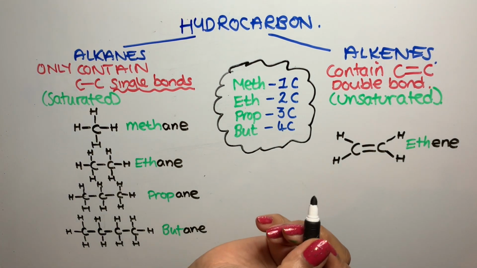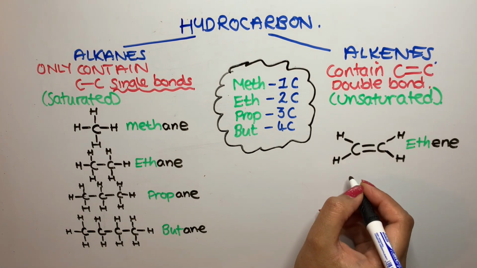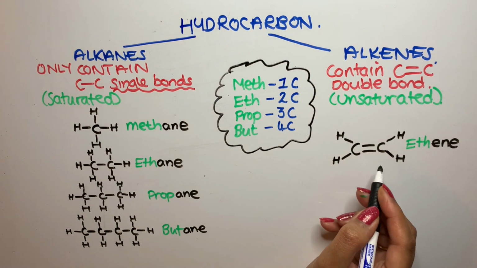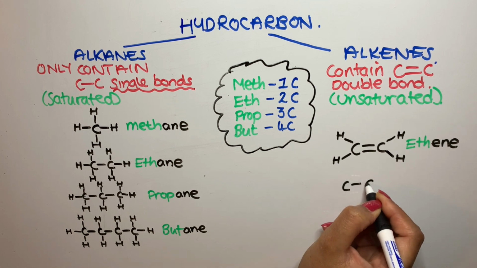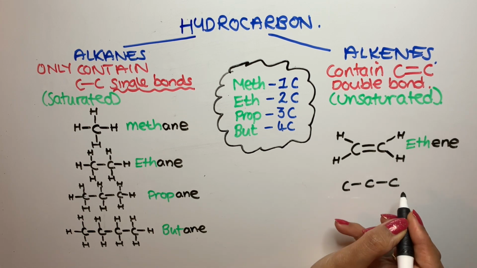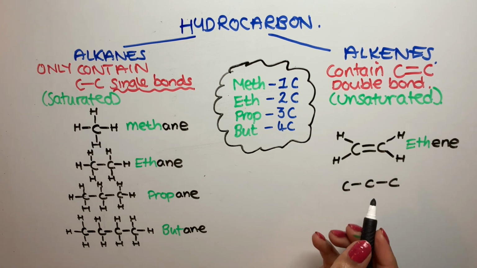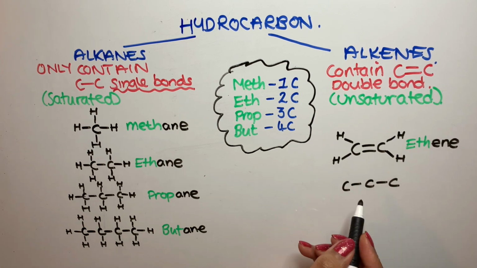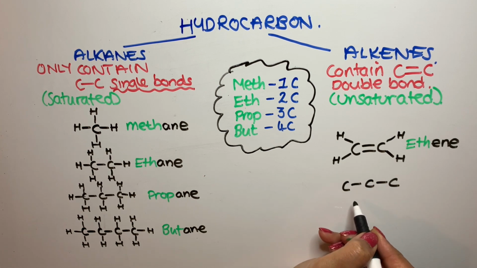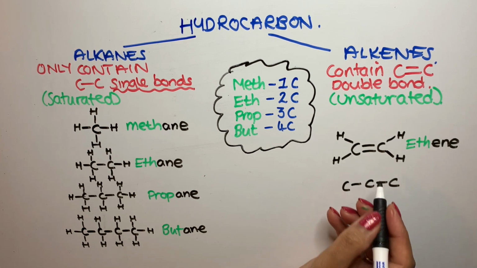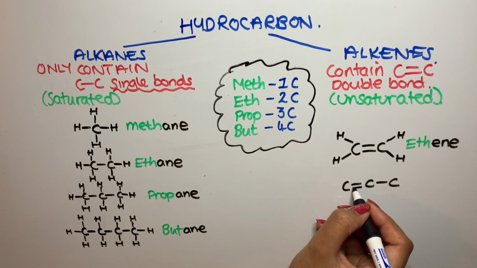Now, if I look at my next molecule, if we look at 3 carbons, so 1, 2, 3. Now, if I'm drawing my alkene with 3 carbon atoms, it doesn't matter if I put my double bond there or there. It makes no difference. So I'm going to choose to put my double bond here.